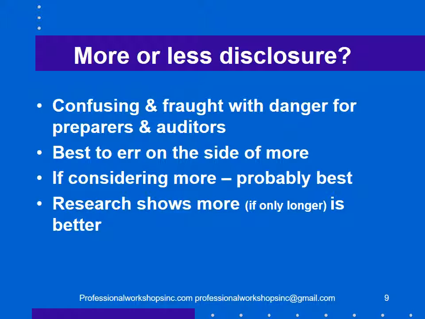And despite the fact that international standard setters are advising us to get by with less disclosure and at the same time telling us to provide more disclosure, I think it's best for both preparers and auditors to err on the side of more disclosure. And particularly if you're preparing financial statements and puzzling about whether or not perhaps some additional disclosure should be provided, it's probably just best to do it.